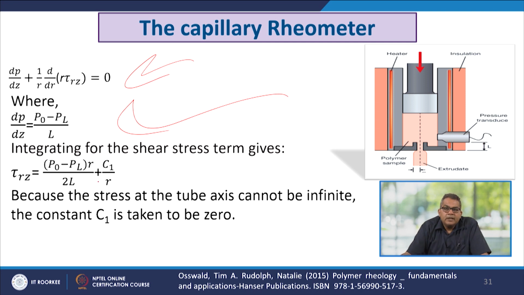Because the stress at the tube axis cannot be infinite, the constant c1 is taken to be 0.